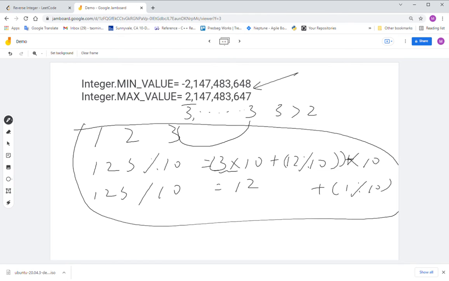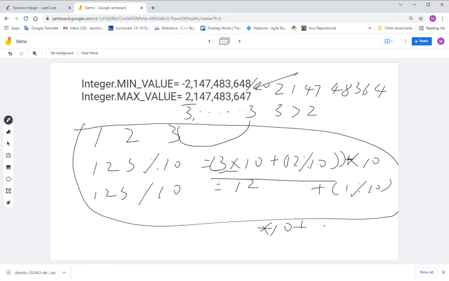Remember here, every time we need to times 10 and plus the remaining digit, right? So the algorithm is, every time before the times 10, we compare the value with 2147483647 divided by 10.